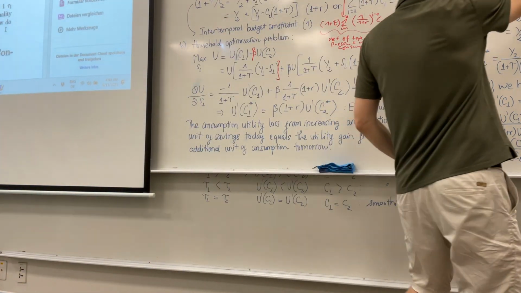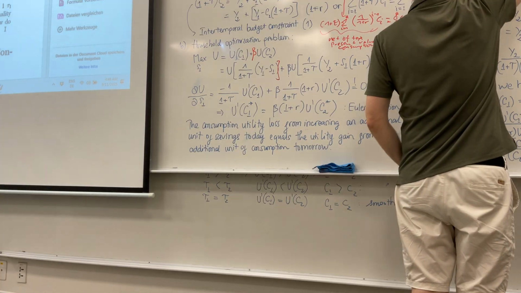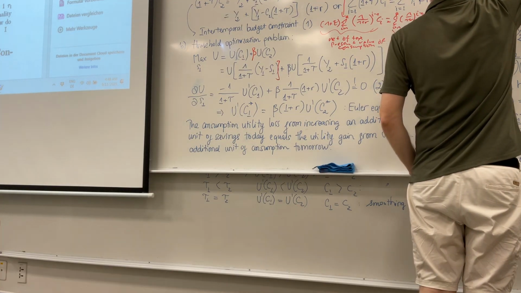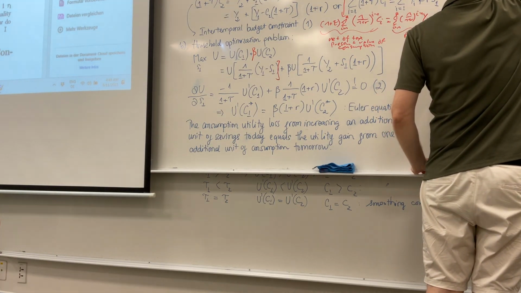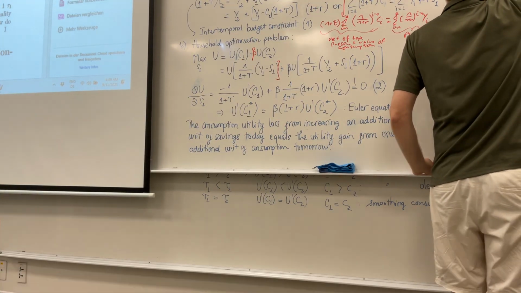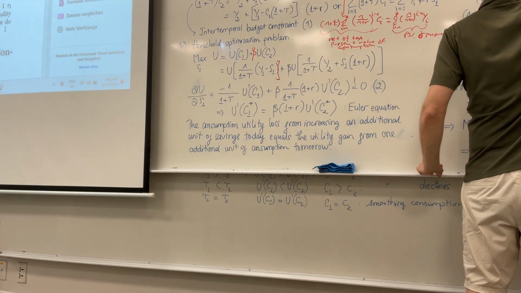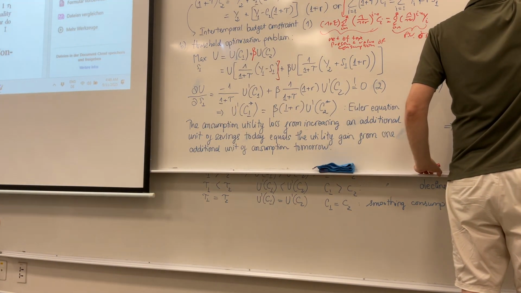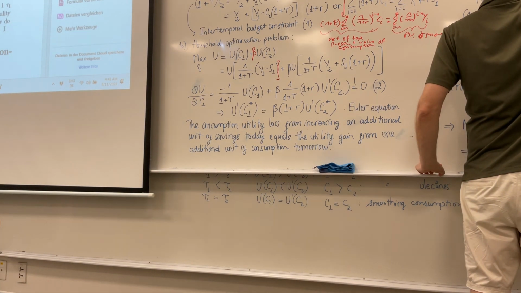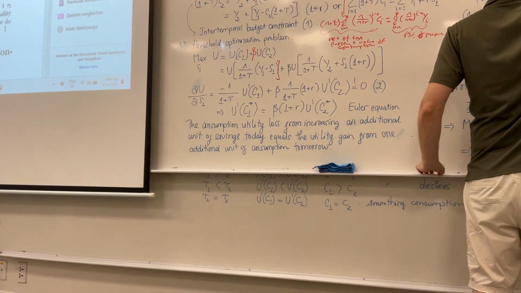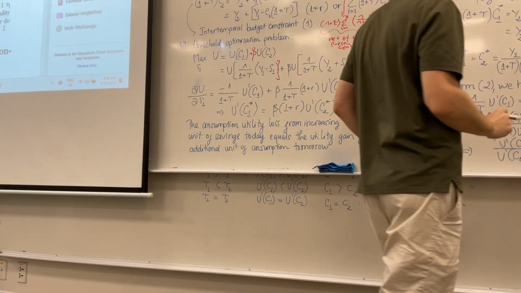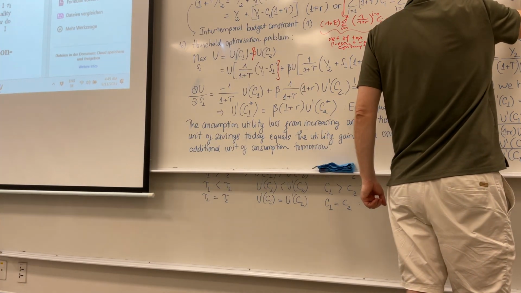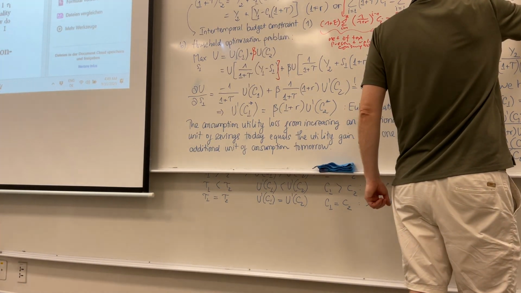We have marginal utility of some C equal to the derivative of the utility of C with respect to C. And so if U of C is equal to the log of C, then U prime of C is equal to the derivative of the log, 1 over C. So I would probably write that here: 1 over C1 star equals 1 over C2 star.